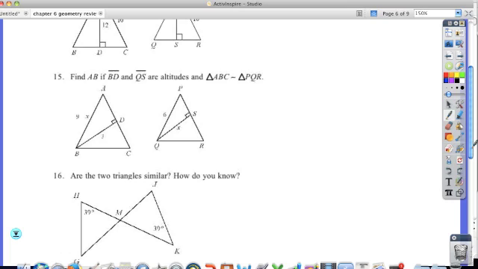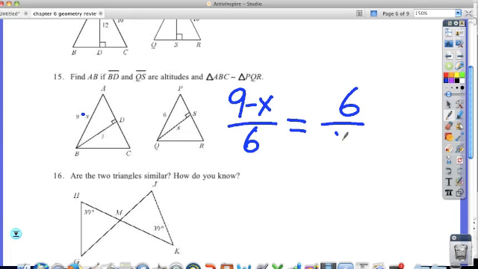So let's go through it. I did 9 minus X over 6 equals 6 over... I did this over this.